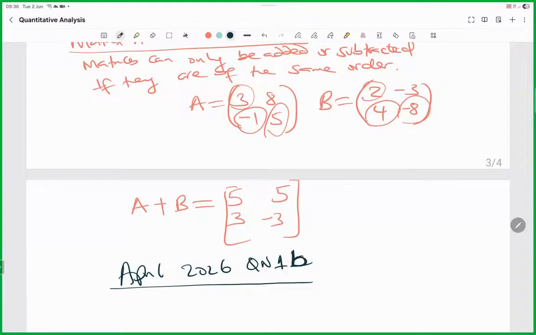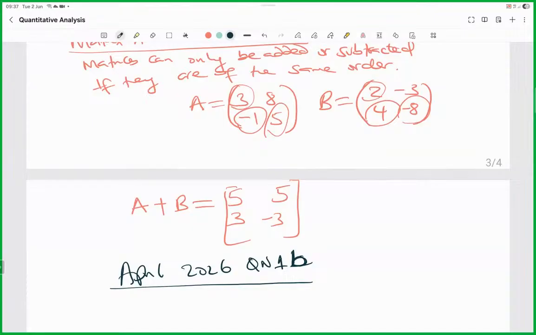Very good. So we are told here, a logistics company in Mombasa manages the transportation of two types of goods, A and B, to two destinations, Nairobi and Kisumu. Matrix A represents the number of truckloads allocated to each destination, while matrix B represents cost adjustment factors in shillings thousands per route due to changes in fuel prices and road conditions.